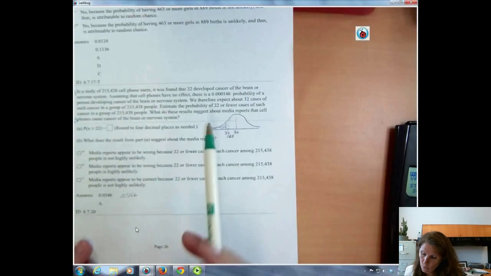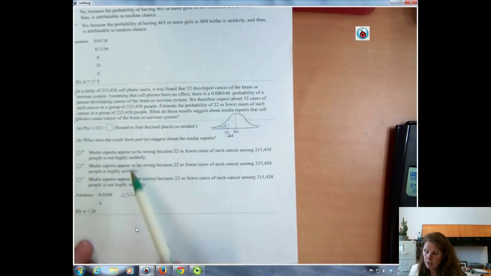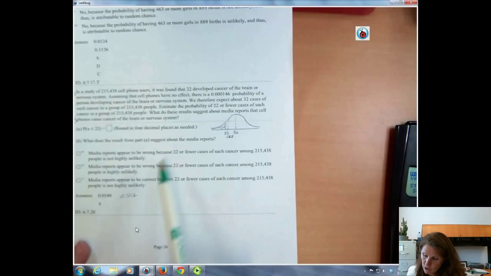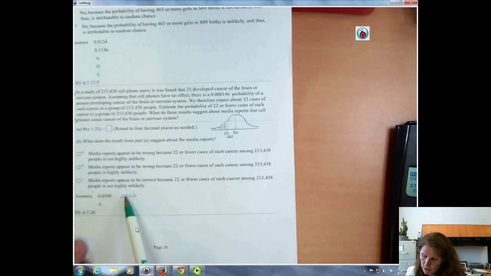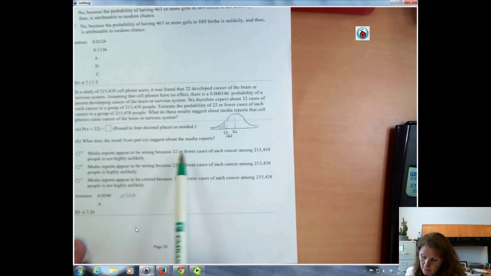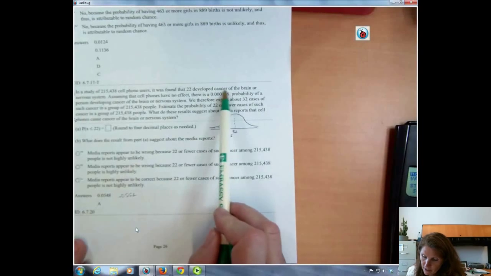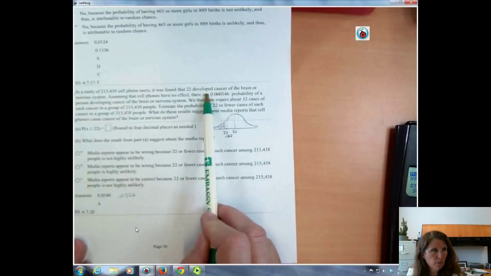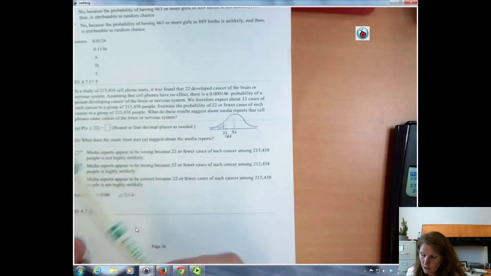So what we found, and this is a little confusing, is that these results, 22 or fewer, are not really unusual because we have 5% or more, so it's not unlikely for this to happen by chance. Since it's not unlikely to happen by chance, it's probably true that this is the actual probability of that happening. So it's not increasing because of cell phones.